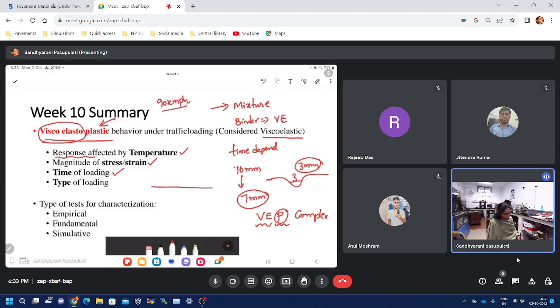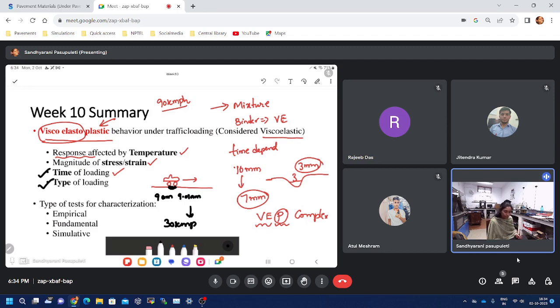That means the wheel is moving so quickly that the amount of contact on the pavement surface would be very short. The vehicle comes at 90 kmph and within 1 second it will pass this point, so the time the vehicle has stayed on that surface is very little. If the vehicle stays for a very long time, let us say at 30 kmph, then the time of loading is more. So the response of the material depends upon the time of loading also.